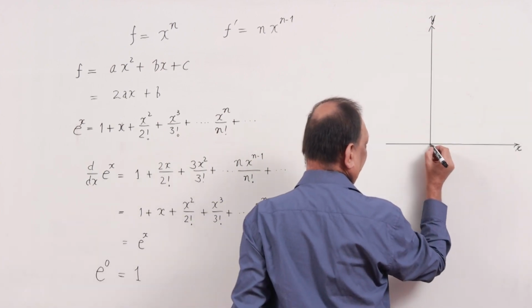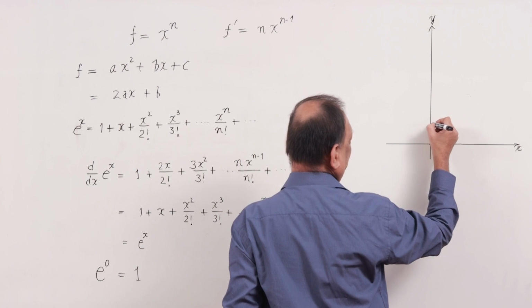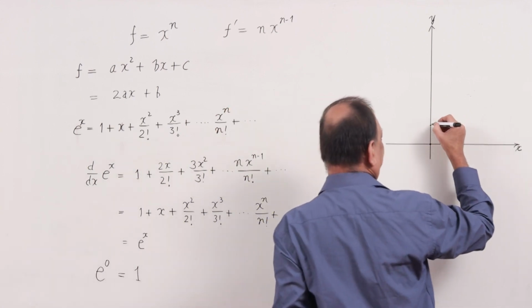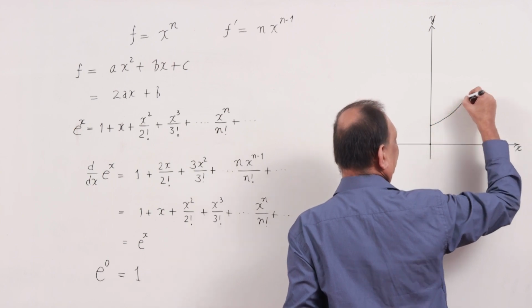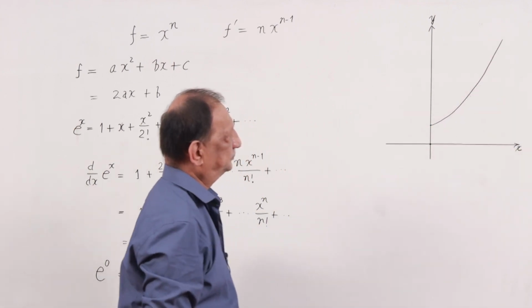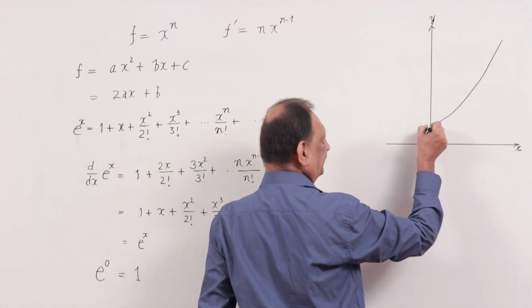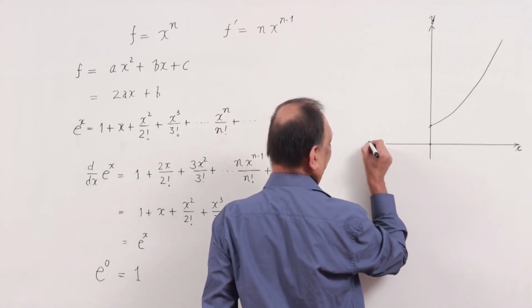At x equal to 0, at the origin, e power x is 1, which is e power 0, and it increases exponentially when you increase x, and negative powers decrease exponentially, so it goes to 0. It's asymptotic.